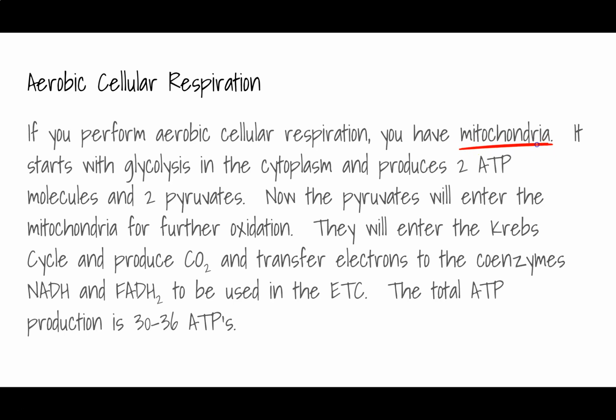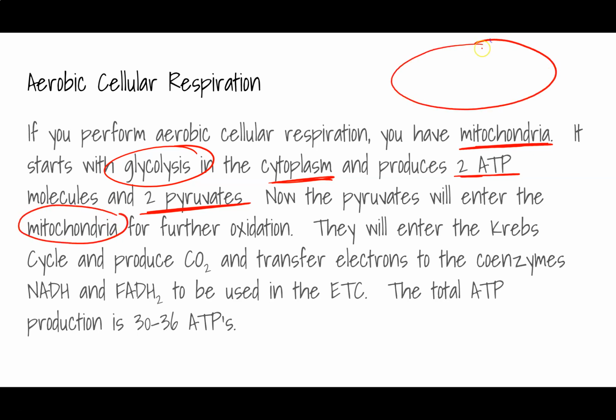You have mitochondria. It starts with glycolysis. Okay, nothing changes in the cytoplasm. You're making ATP. Nothing changes. You're making pyruvates. Nothing changes. But now, the pyruvates have to get into the mitochondria. Because remember, if that's the cell, and that's the mitochondria over there, glycolysis happens in the cytoplasm, which produces that pyruvate.